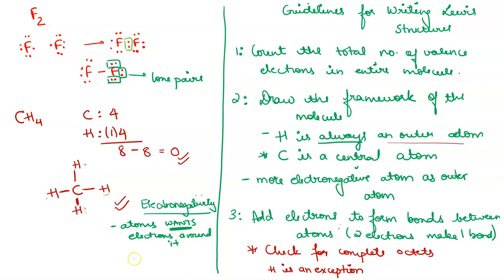The trend is that electronegativity increases moving up a column on the periodic table. I'll write the word increases here. And it increases going across a row on the periodic table.